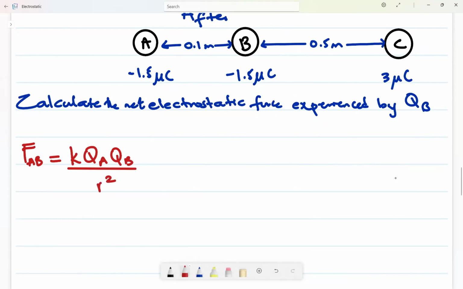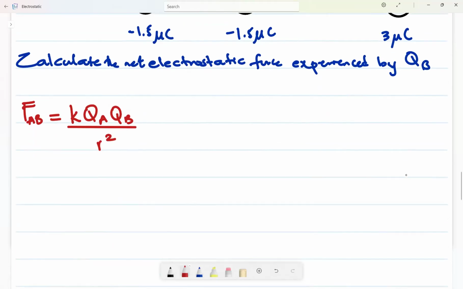When you substitute, we do not substitute the negative signs. What is the K constant? It is 9 times 10 to the power of 9.